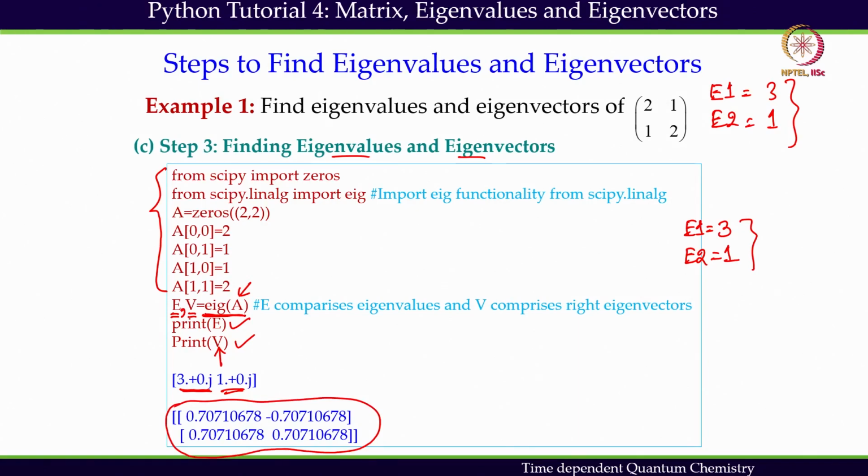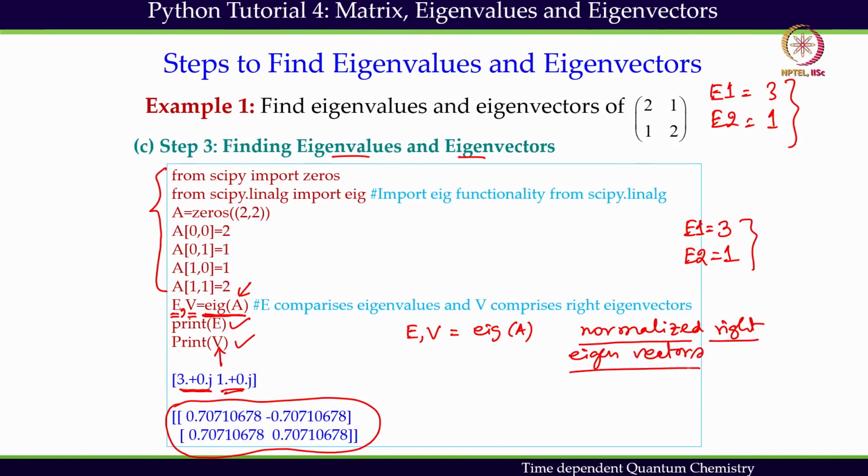These vectors are given in the array, and what this construct E, V = eig(A) actually does is compute the eigenvalues and give me normalized right eigenvectors.